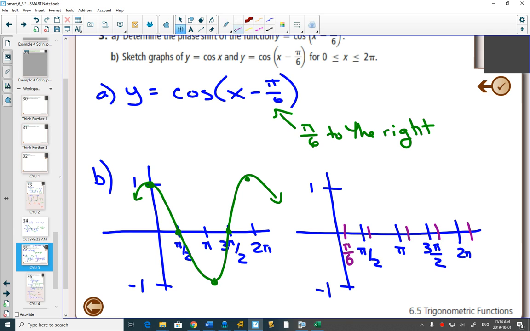But now, since I've shifted everything pi over 6 to the right, my maximum's here at pi over 6. My center line is at this one. My minimum at this one, back to the center line, back to my maximum. And we've taken our original graph and shifted it pi over 6 to the right.